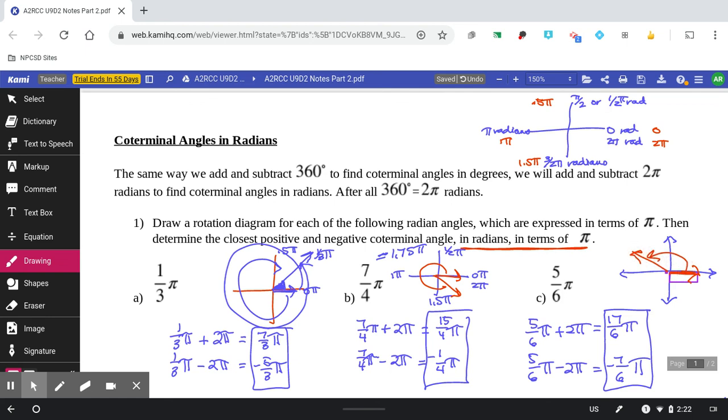So it would be in the 2nd quadrant. So that's what my diagram would look like. But again, if you're not good with fractions, if you do 5 divided by 6, that would be 0.83, repeating, pi. And 0.83 is between 0.5 and 1. So again, you'd be able to draw that rotational diagram.